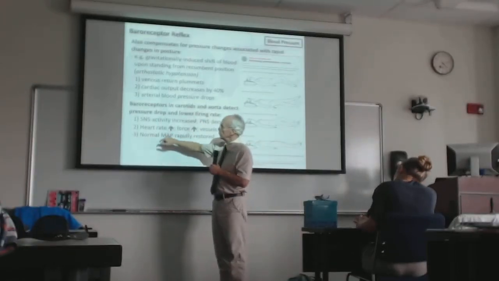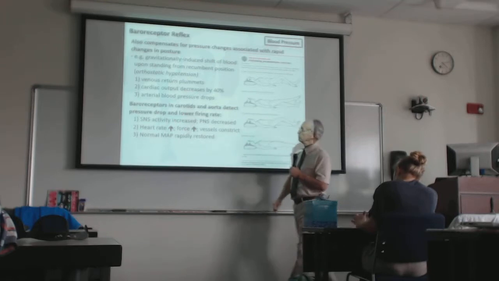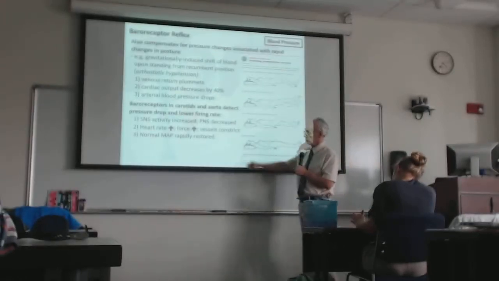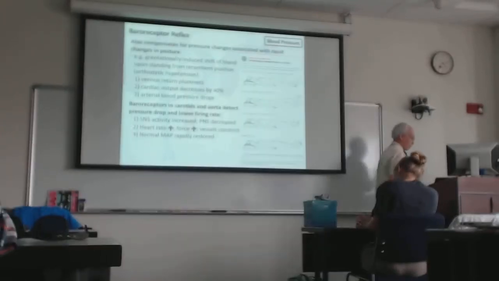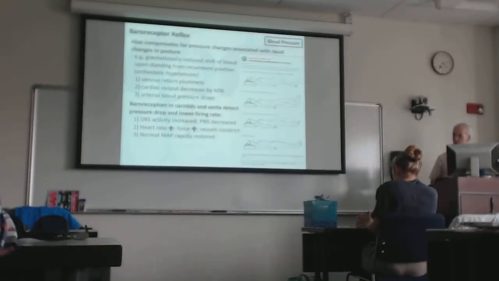And so the autonomic response that we just mentioned, increased sympathetic activation, PNS activation is decreased, heart rate goes up, the force of contraction increases, both causing an increase in cardiac output and presumably a restoration of normal mean arterial pressure.